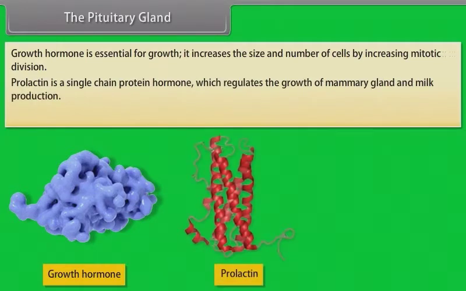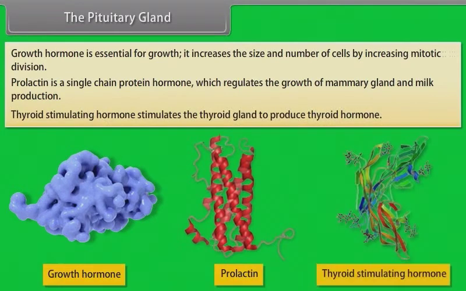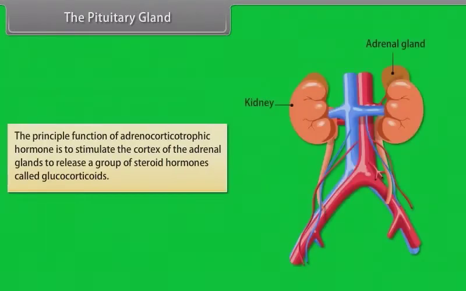Prolactin is a single-chain protein hormone which regulates the growth of mammary glands and milk production. Thyroid-stimulating hormone stimulates the thyroid gland to produce thyroid hormone. The principal function of adrenocorticotrophic hormone is to stimulate the cortex of the adrenal glands to release a group of steroid hormones called glucocorticoids.